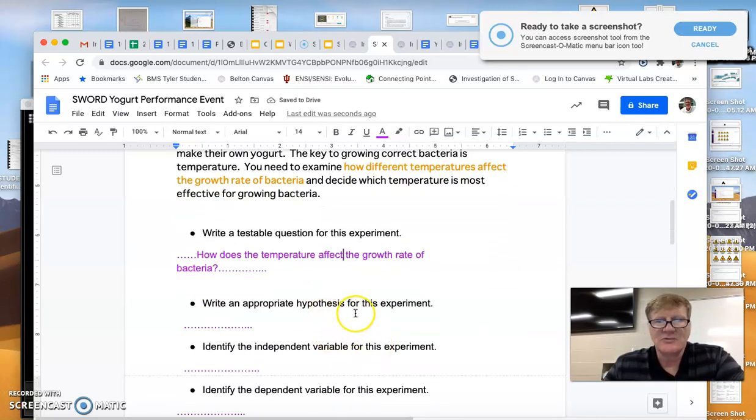My hypothesis would be a simple answer to that. For example, if the temperature is increased, then the growth rate will increase. That might be a possible hypothesis.